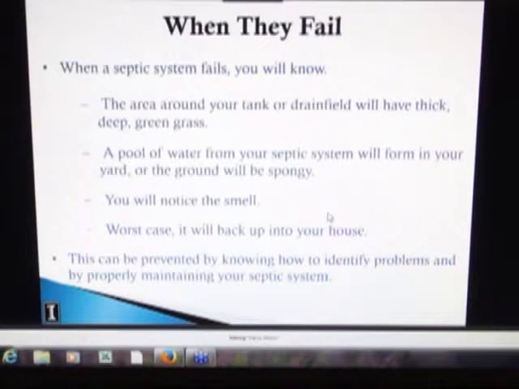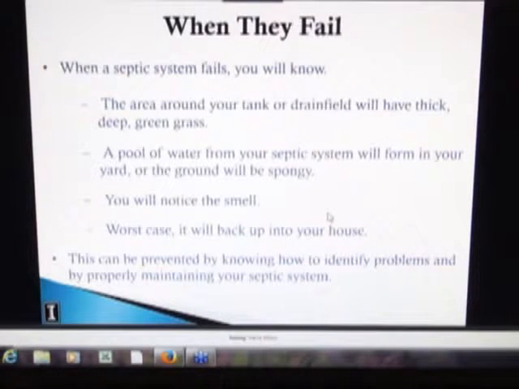A number of things can happen. The area around your tank or drain field may turn thick green grass, and that's because it's not going down into the ground the way it's supposed to, but instead something's plugged up or clogged, and that water is staying near the surface and affecting the growth at the surface.